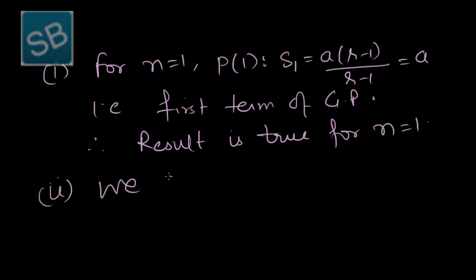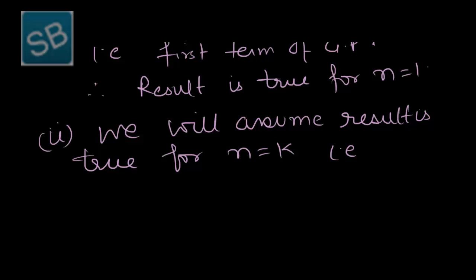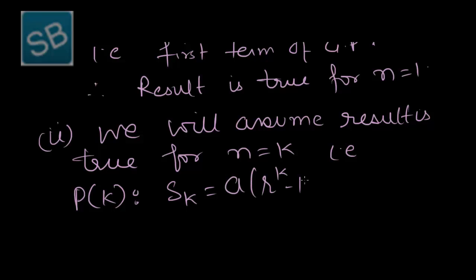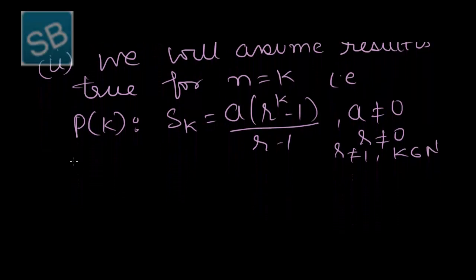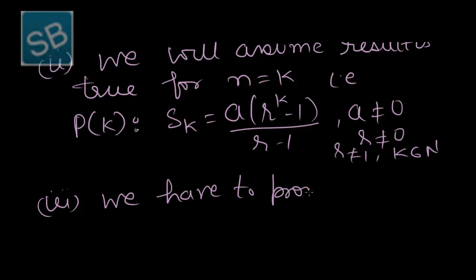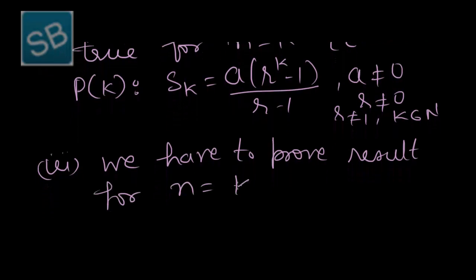Now we will assume result is true for n is equal to k, that is P of k, that is Sk equal to A into R raised to power k minus 1 over R minus 1, where A is not equal to 0, R is not equal to 0, R is not equal to 1, and k belongs to N. And now we have to prove result for n is equal to k plus 1.